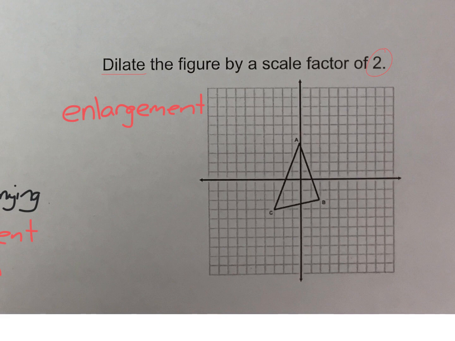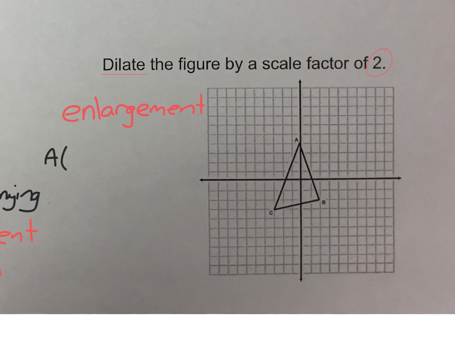So how do we figure out the new coordinates? If you put it up by 2, you would think of a translation, kind of. You're really close.